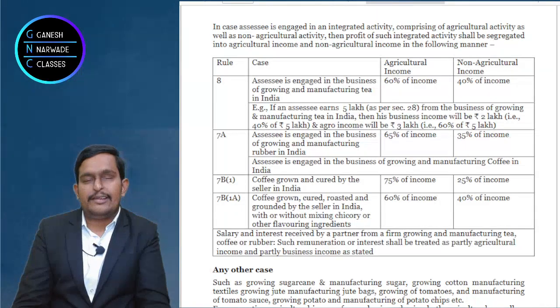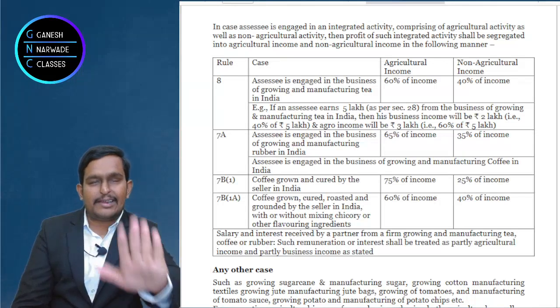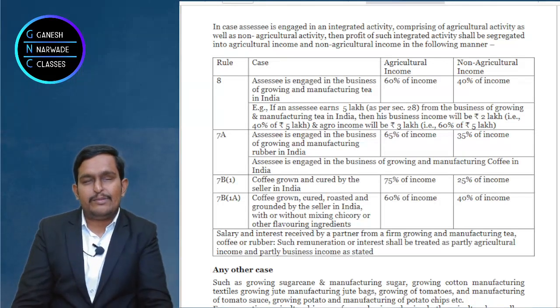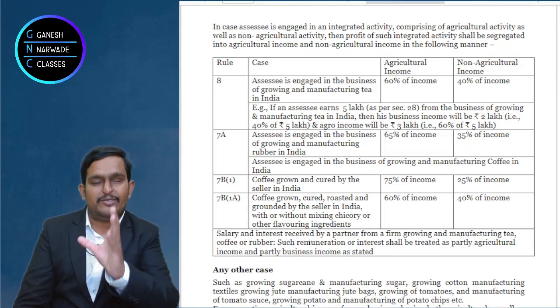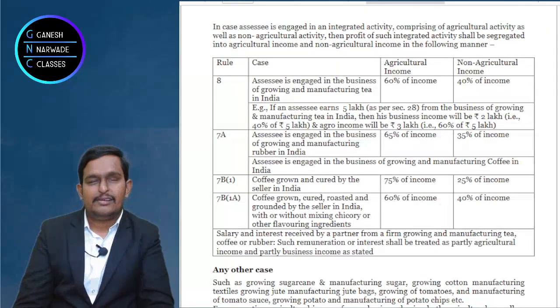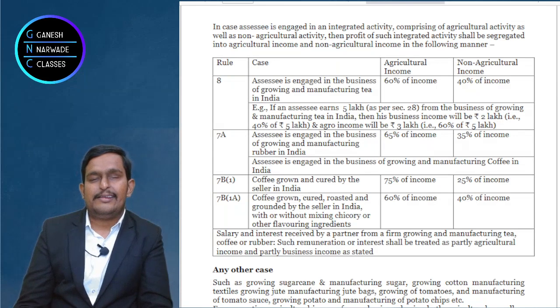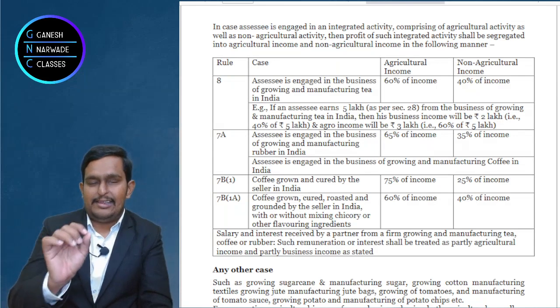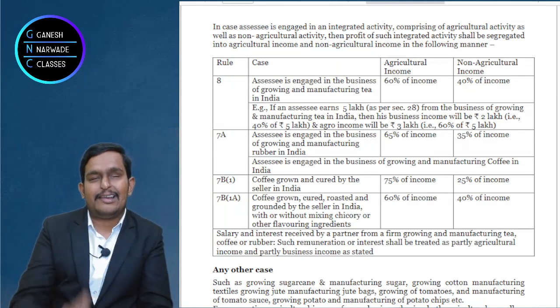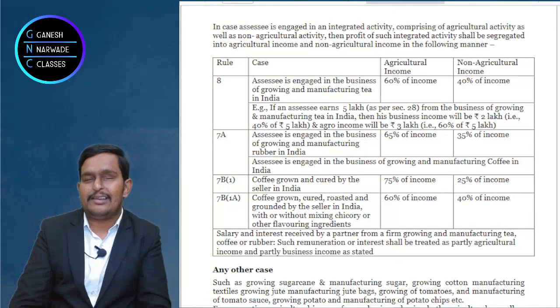Now for doing all these things, agricultural farms are needed. But again, plant and machinery and industry manufacturing is also needed. Now tell me, is the sale of tea powder agricultural income or non-agricultural income?